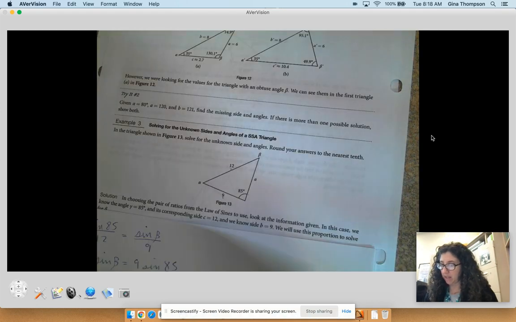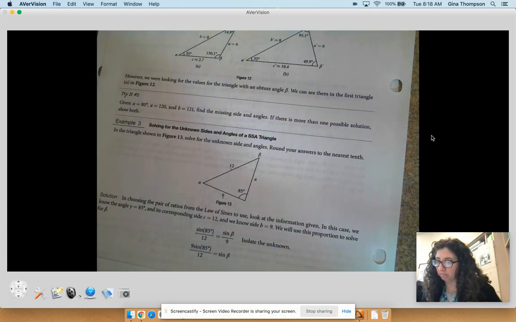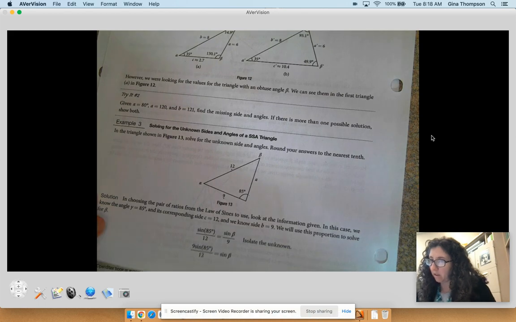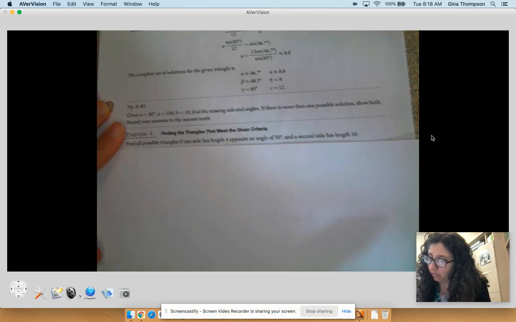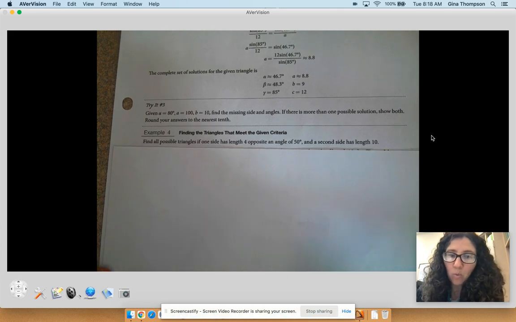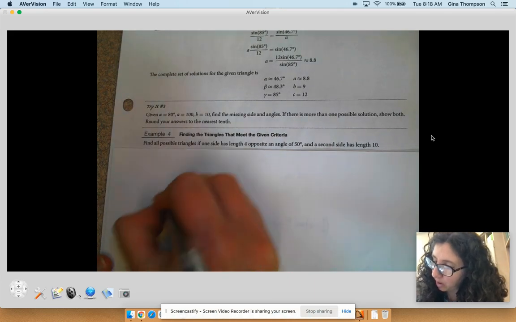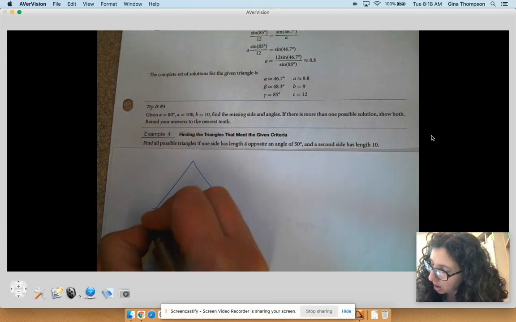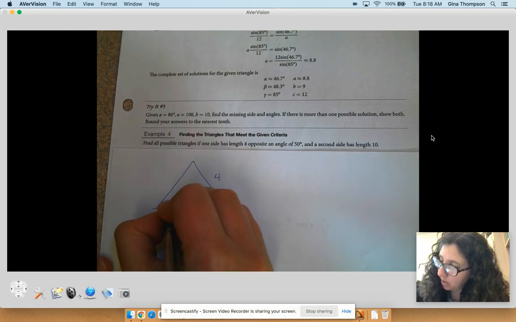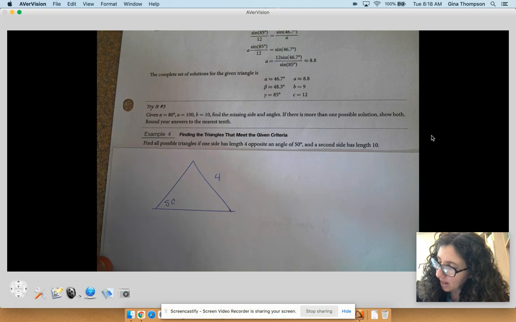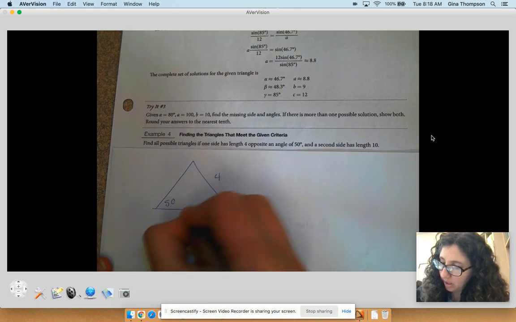All right, you probably can guess what's coming, but let's do another one. Let's try this one. Find all possible triangles if one side has length 4, so we have to draw this here. Let's say one side has length 4, opposite an angle of 50, and the second side has length 10.